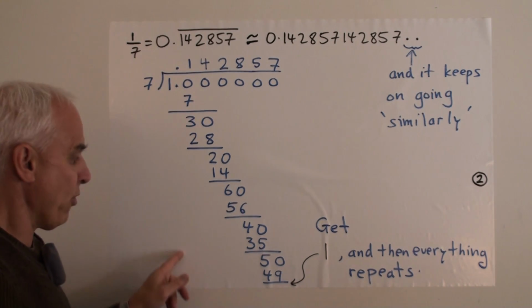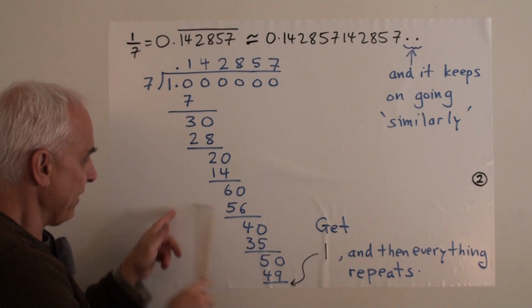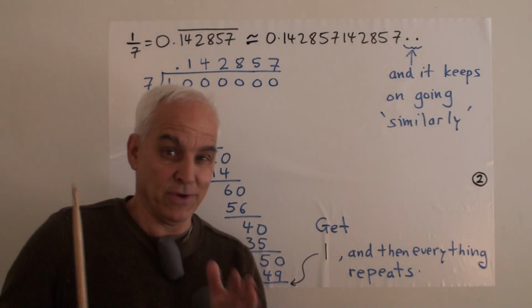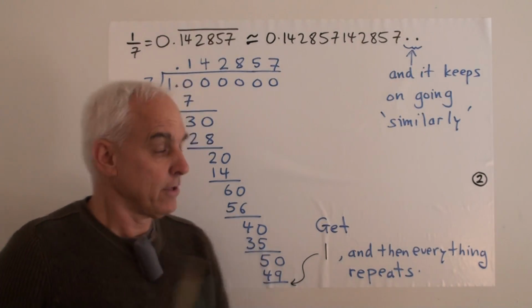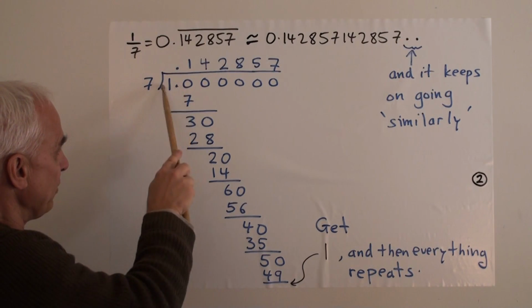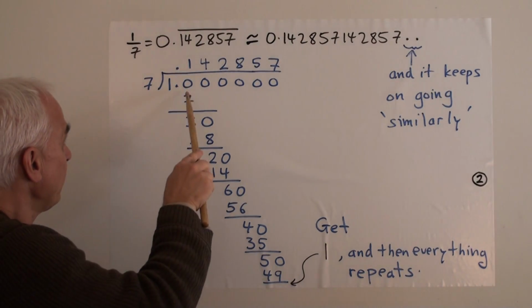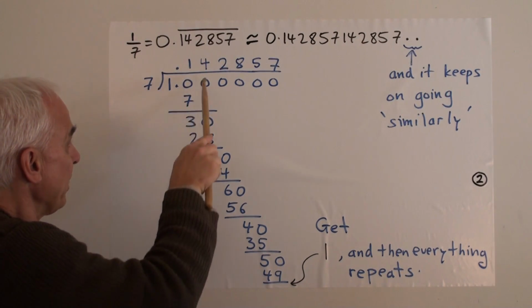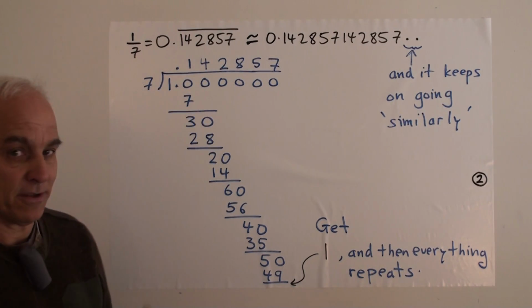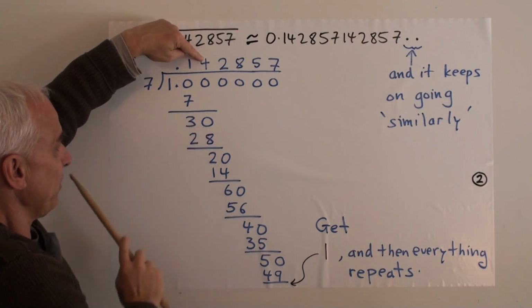Actually, there's a decimal point that goes all the way down here, and all these numbers really ought to have trailing zeros if we were doing things officially correctly. But in the standard procedure, there's a 1 here, you get a 7, then you subtract, 10 minus 7 is 3. 7 does not go into 3, but you can drop down the next 0, which gives you 30, and 7 goes 4 times into 30.